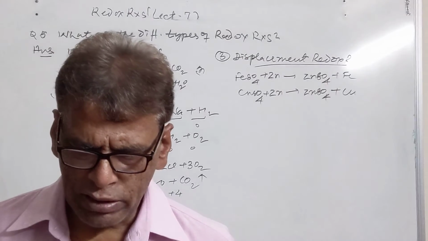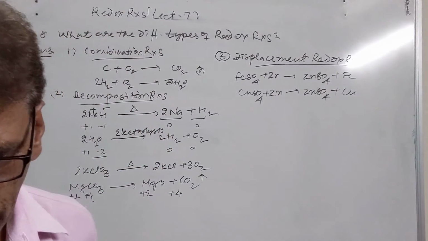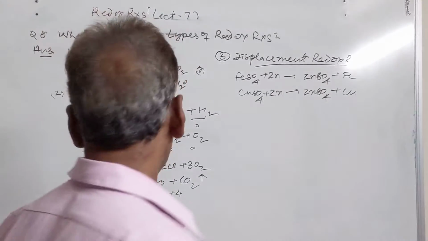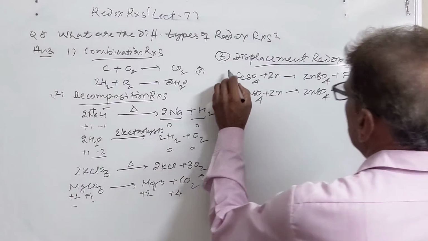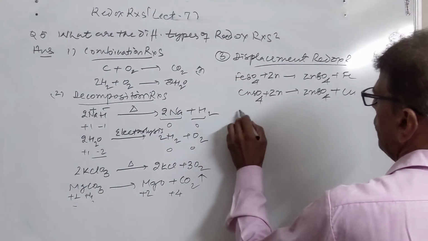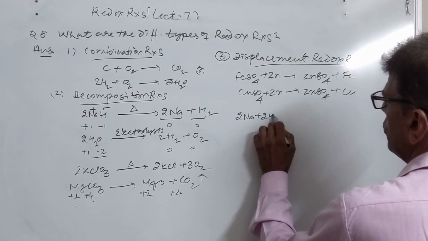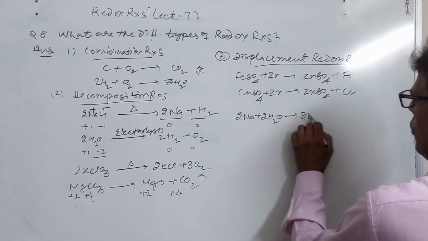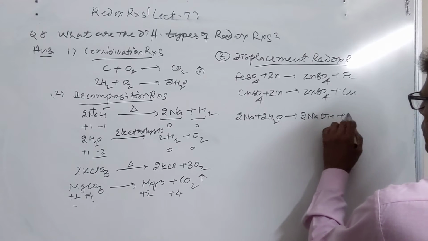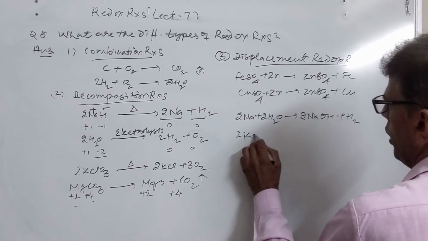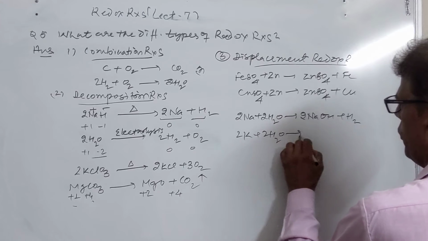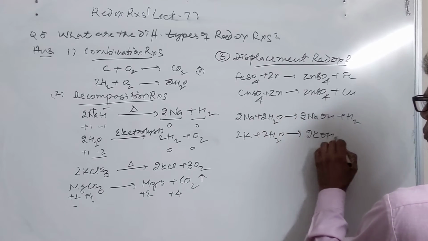Then we have non-metal displacement reactions, where a non-metal displaces another non-metal. 2Na plus 2H2O combines to give you 2NaOH plus H2. Similarly, 2K plus 2H2O combine to give you 2KOH plus hydrogen gas.